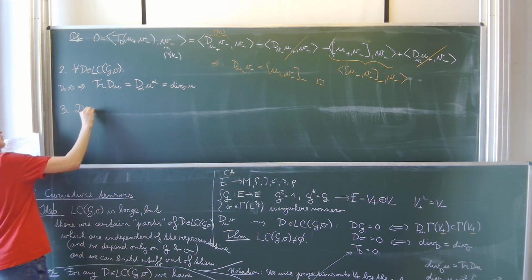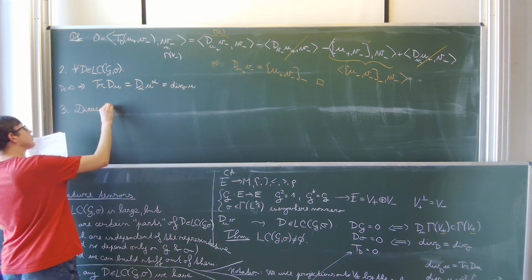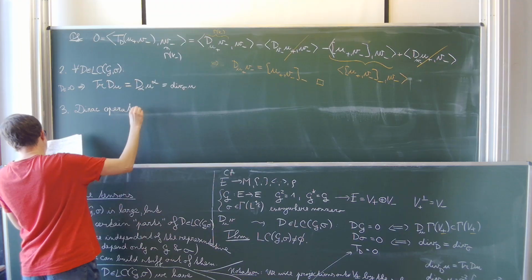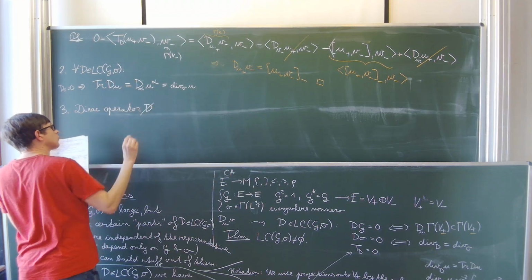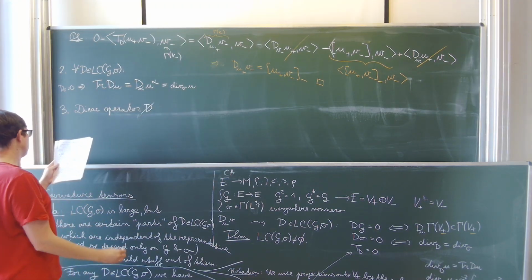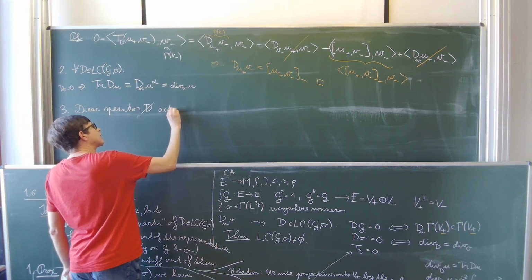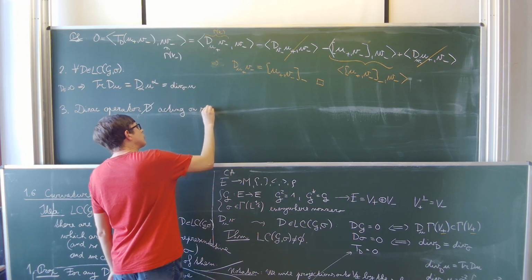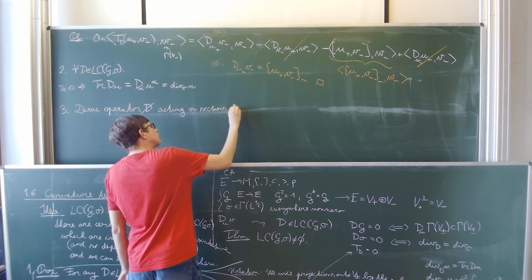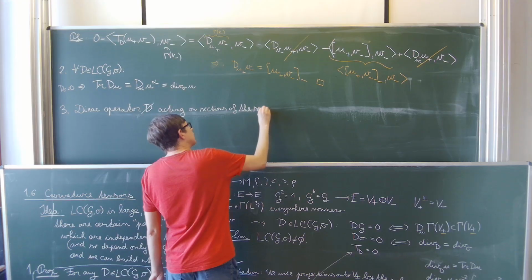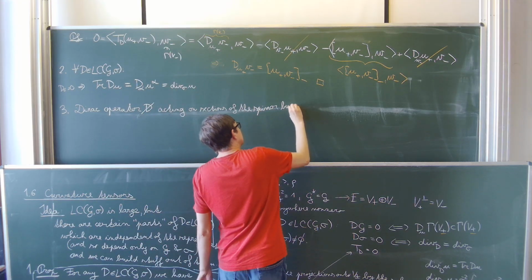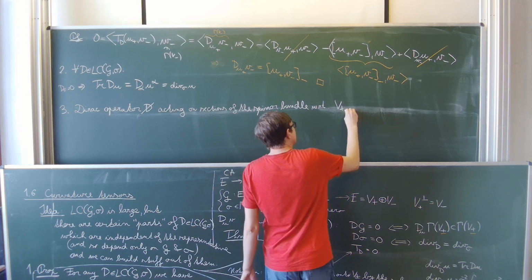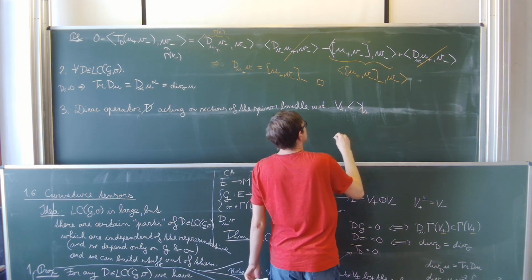If you use this connection to construct the so-called Dirac operator, denoted D slash, this is an operator that acts on spinors, on sections of the spinor bundle.